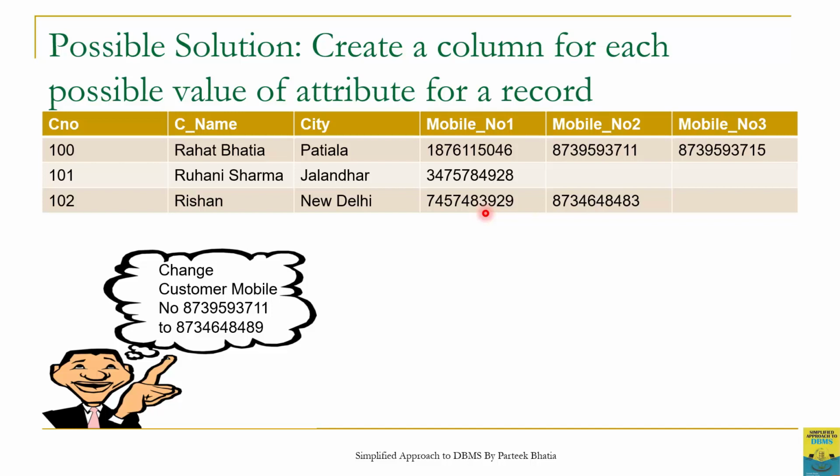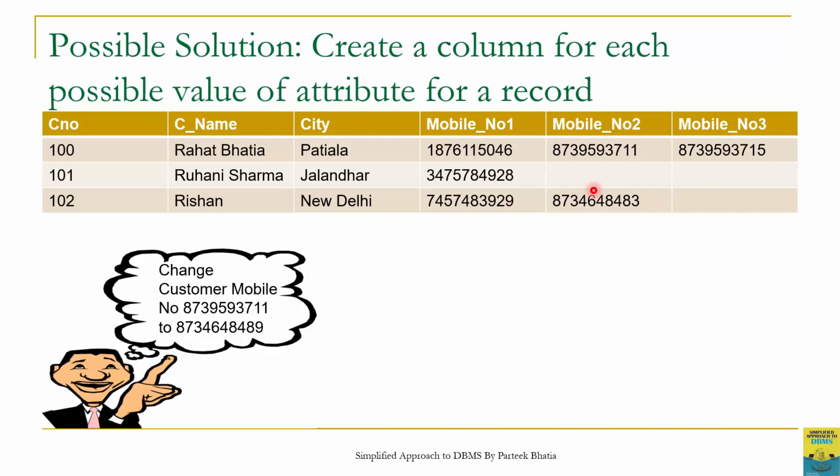So this is not the desirable solution which we are looking for. So we can conclude that we cannot create multiple columns for multi-value attributes because in this process we will lose the simplicity of the relational model.